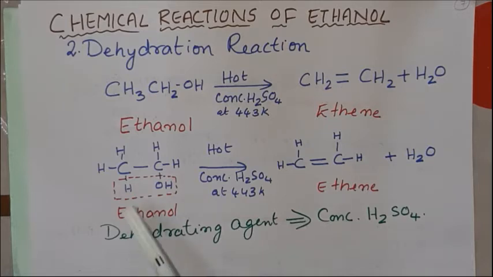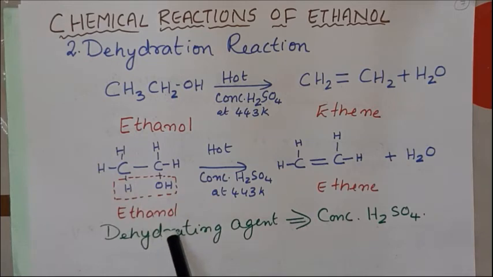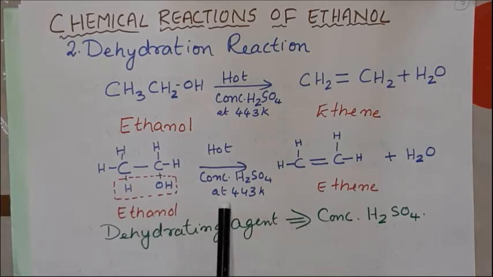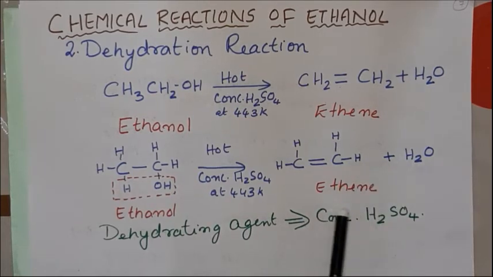Now you observe the reaction. What is happening here? How is that water molecule getting eliminated? I have highlighted the structure of ethanol in which all the bonds are shown. Under the condition hot concentrated sulfuric acid at 443 Kelvin, hydrogen from one carbon and OH from the nearby carbon gets removed as water and the reaction product is ethene.